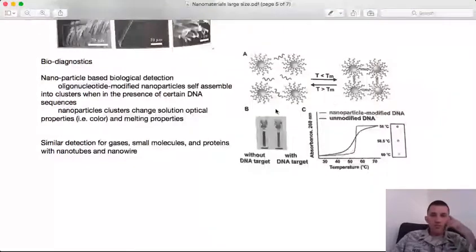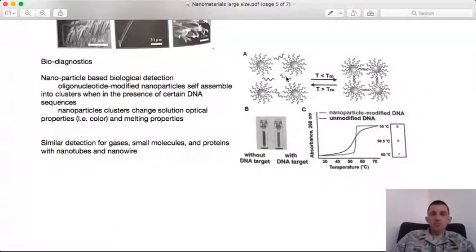If you have a modified nanoparticle, say one that has a certain molecule on the outside of it, when it is in the presence of another molecule to which it bonds strongly, you can take dispersed nanoparticles and have them cluster, and they change their optical properties.